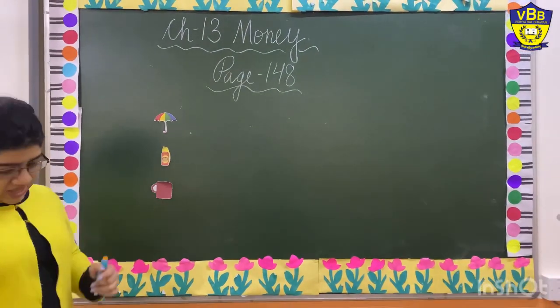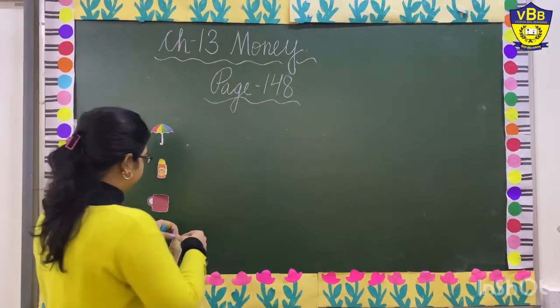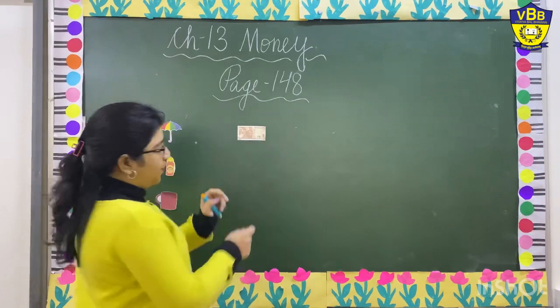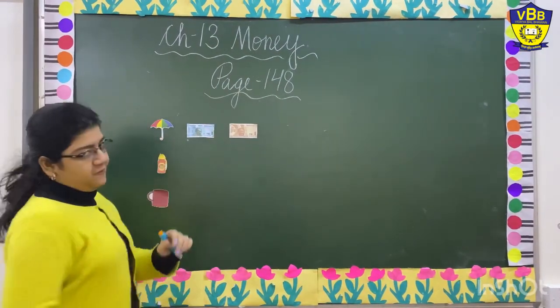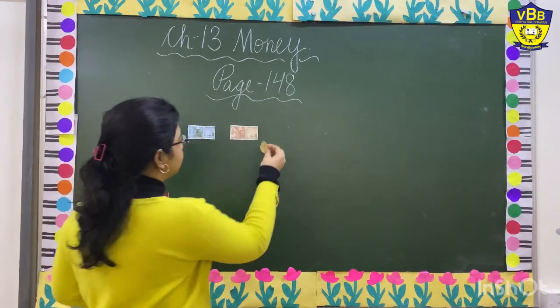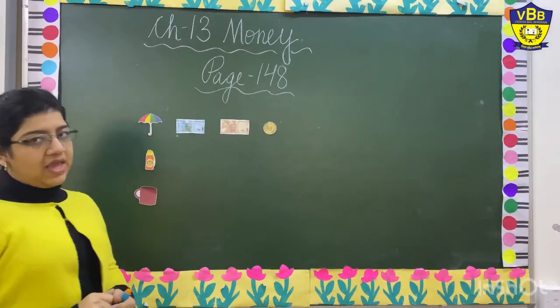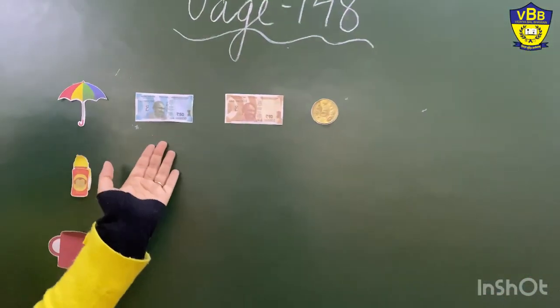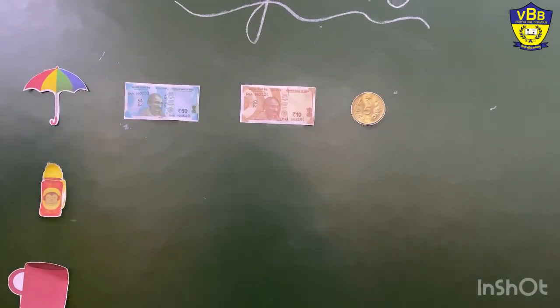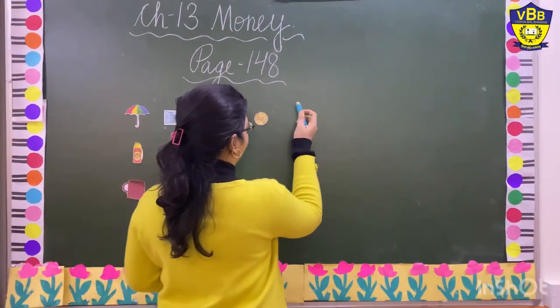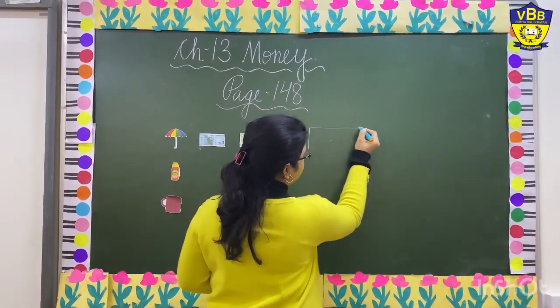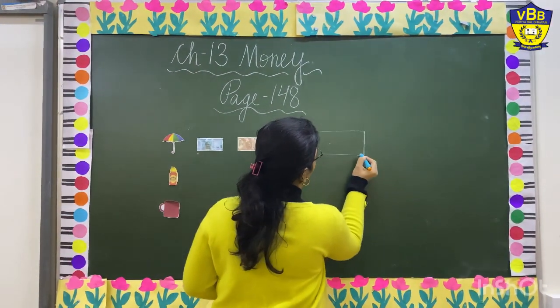The umbrella is rupees 10 plus rupees 50 plus a rupees 5 coin. We have to calculate it and write it in the box.